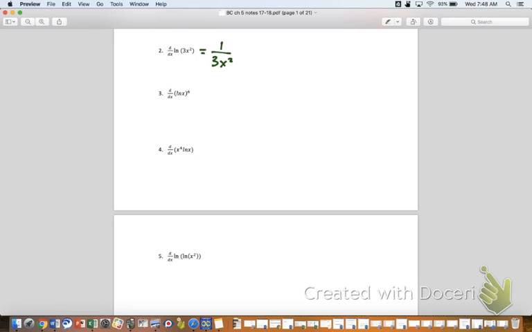You're going to multiply by the derivative of whatever that inside was, so times 6x. And, of course, you could clean that up quite a bit. It just ends up being 2 over x, I guess, right? Or 2x to the negative 1. Do I need to put a plus c on the end of that? Why not? Yeah, I'm differentiating. I'm not finding an antiderivative. So, yeah. Okay. Any suggestions on number 3?